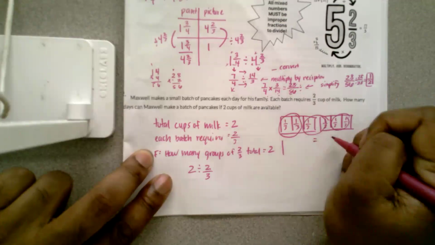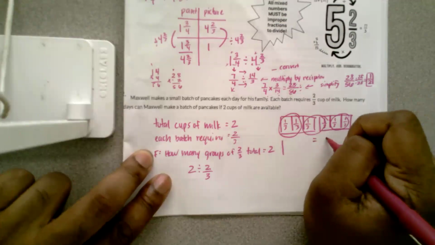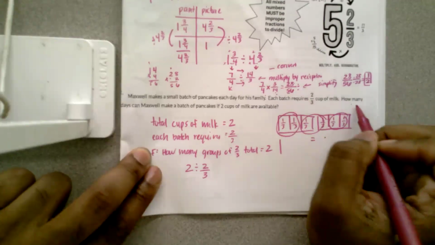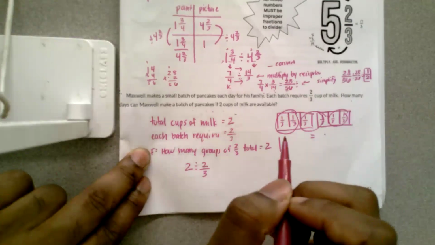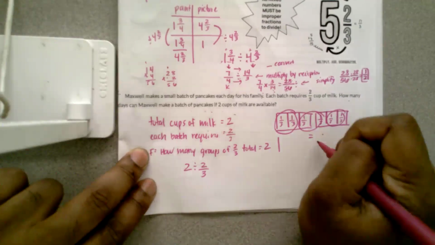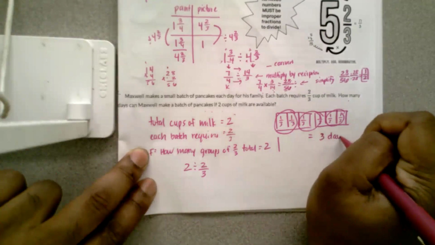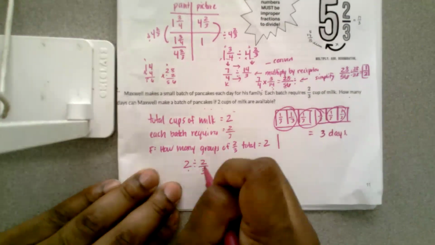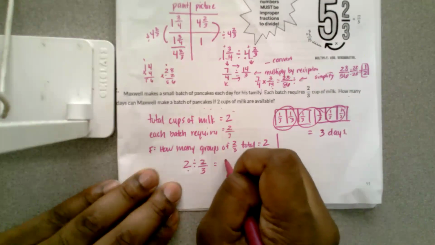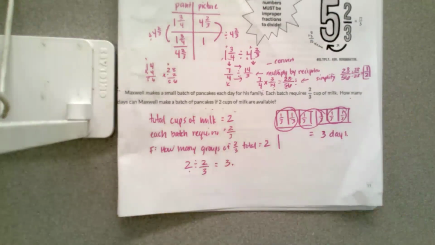So the answer is, how many days can Maxwell make a batch of pancakes with 2 cups? 3 days. How do I know that? Because 2 divided by 2/3 equals 3. So the bottom line is you have to determine what's your total and what's being shared within your total.